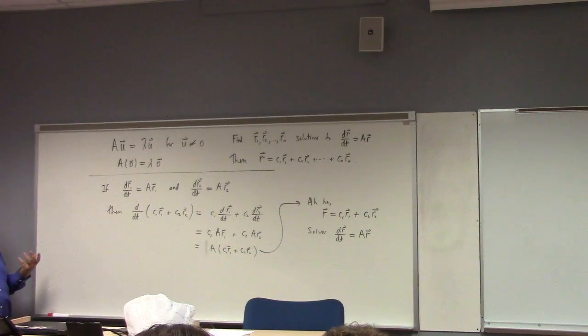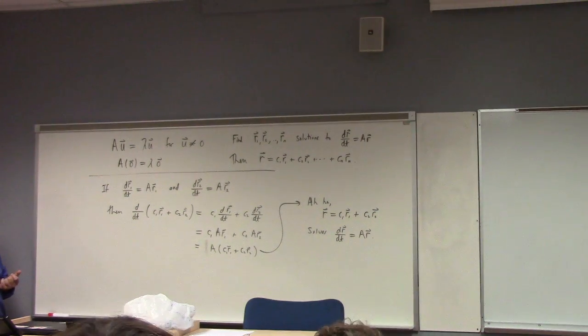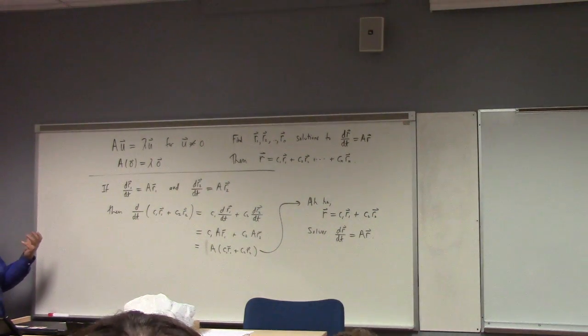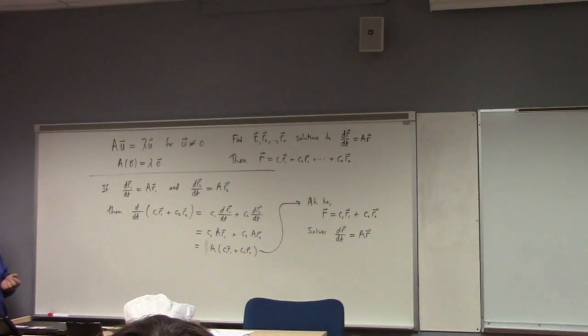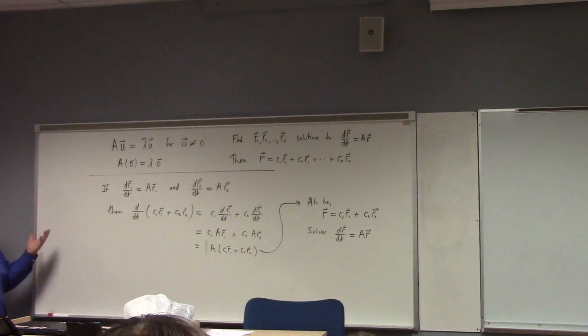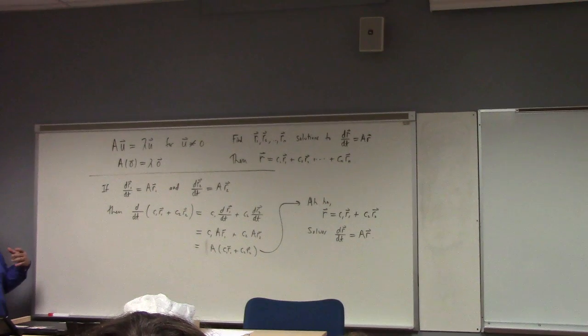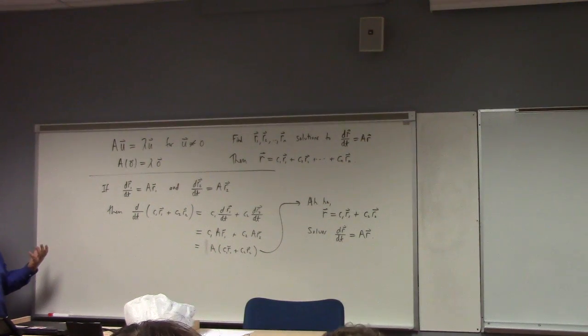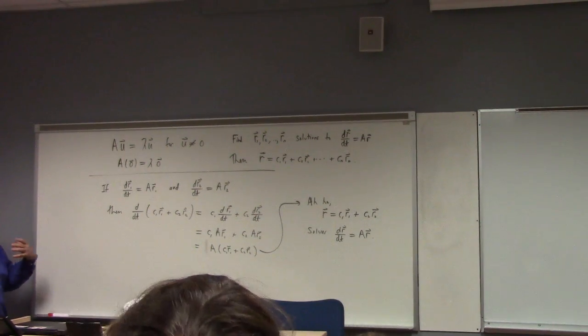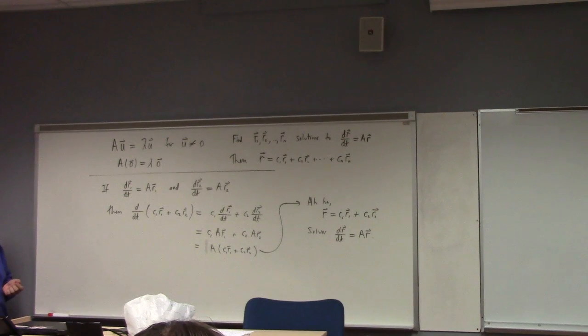What I'm saying is that a linear combination of solutions to a system of differential equations in so-called normal form, but let me just say it this way, a linear combination of solutions to a linear differential equation is, guess what? A solution to the same differential equation.